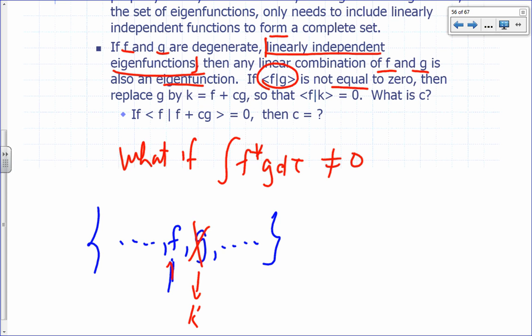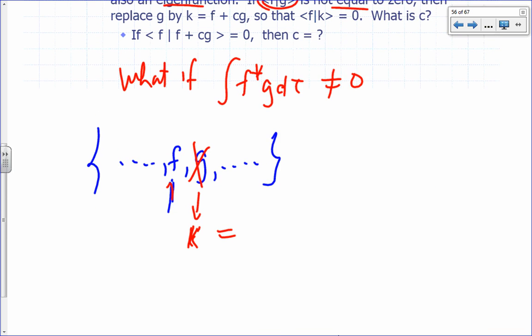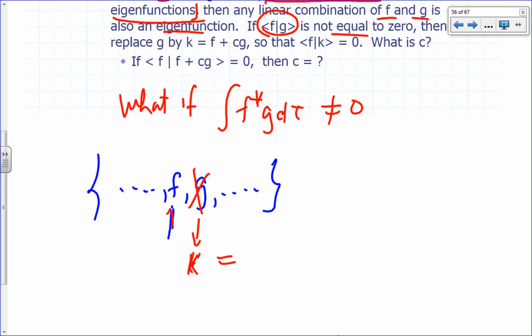We're going to replace it by k, and we're going to say that k is equal to the original function f plus some constant c times g. We just have to know what that constant c is. Determining what that c is will give us this new function k, which we're going to use instead of g in our set of functions. This procedure is known as the Schmidt orthogonalization procedure.